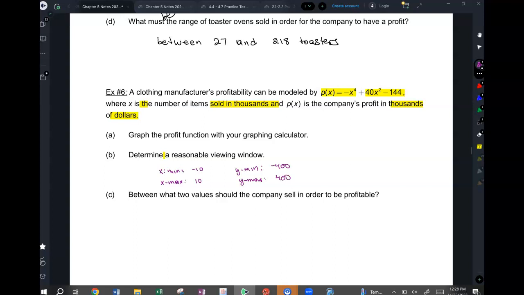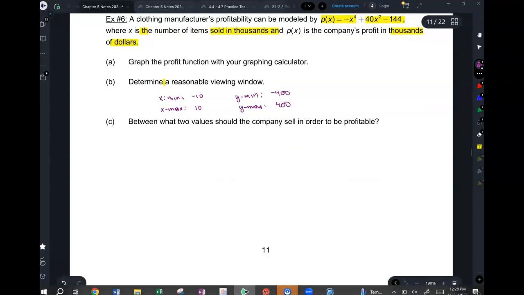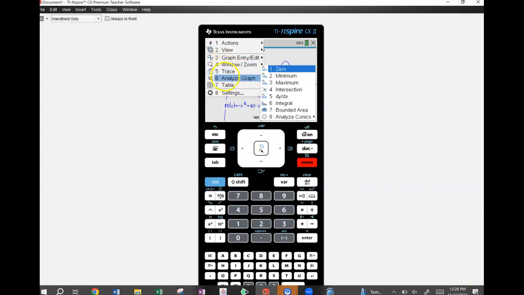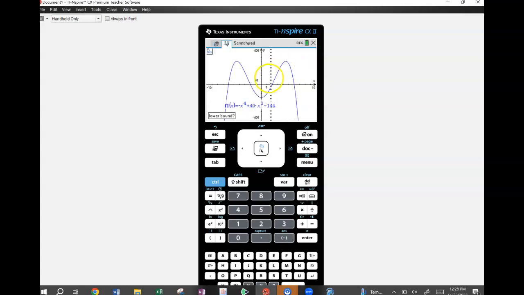All right? Between what two values should the company sell in order to be profitable? Now this is a different situation because here, X is the number of items sold in thousands. So let's find the zeros right here. Menu, analyze graph, zero.